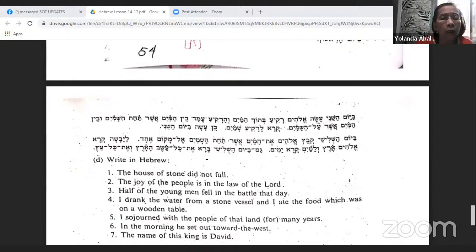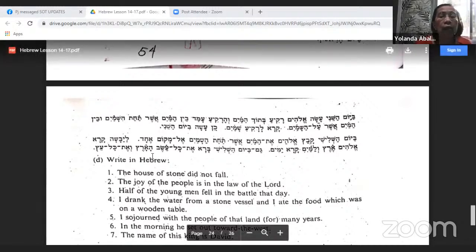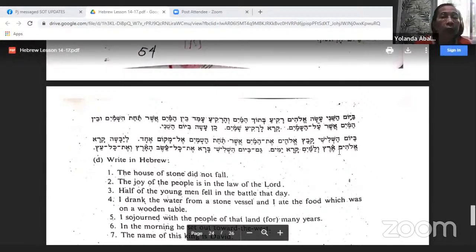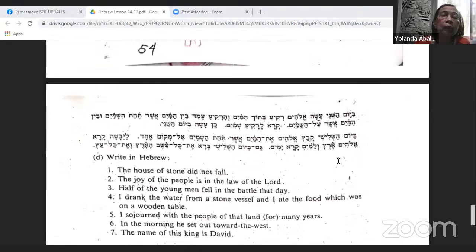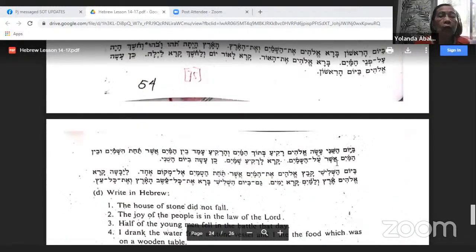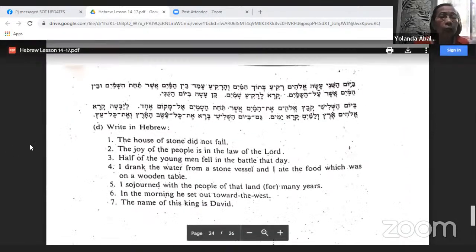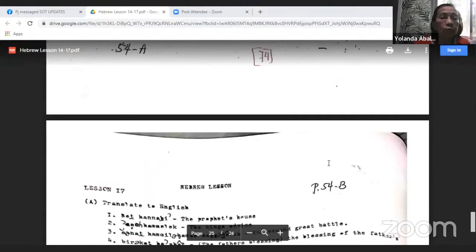Bara, created, et kol esev, all the grass, the herbs, of the land, and the trees. The tree. Alright. So that is what you will do. You will read it aloud. Listen to yourself.